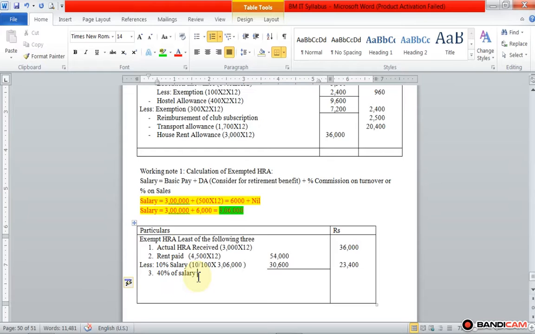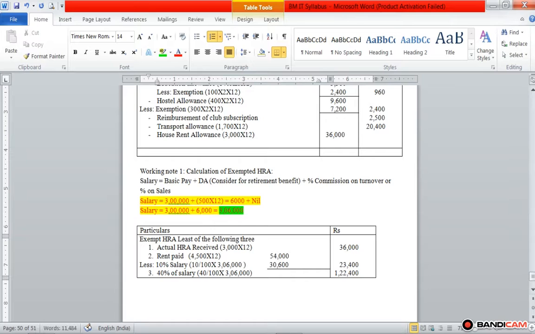So 40 divided by 100 multiplied by salary 3,06,000, and the amount is 1,22,400.